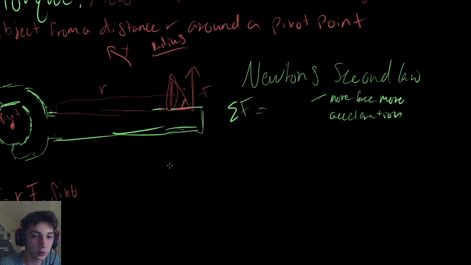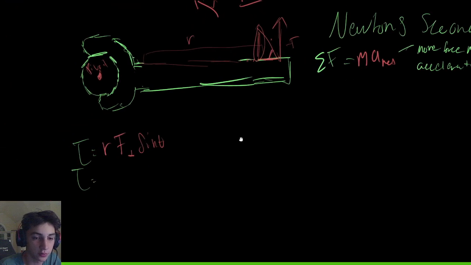If we relate this back to Newton's second law, where the net force gives us the net torque, if we want to solve for net torque, we relate this back to Newton's second law, where net force is equal to mass times net acceleration. And so the more force, the more acceleration we have. So that's also true for our torque.